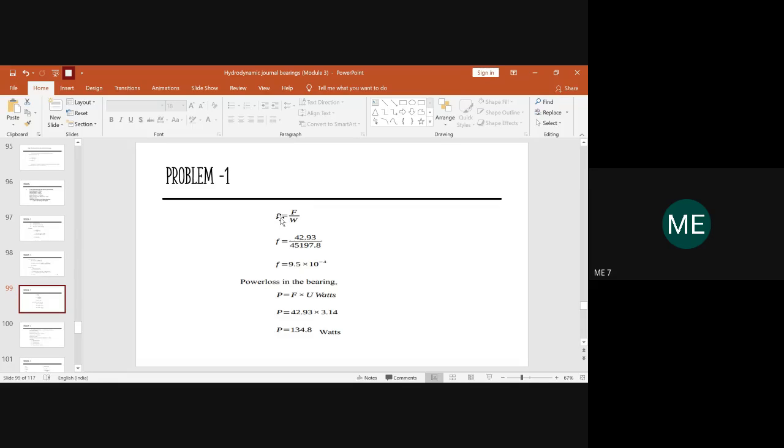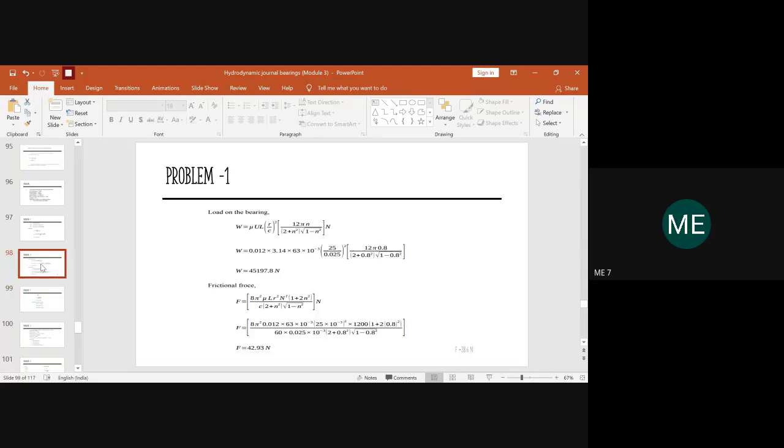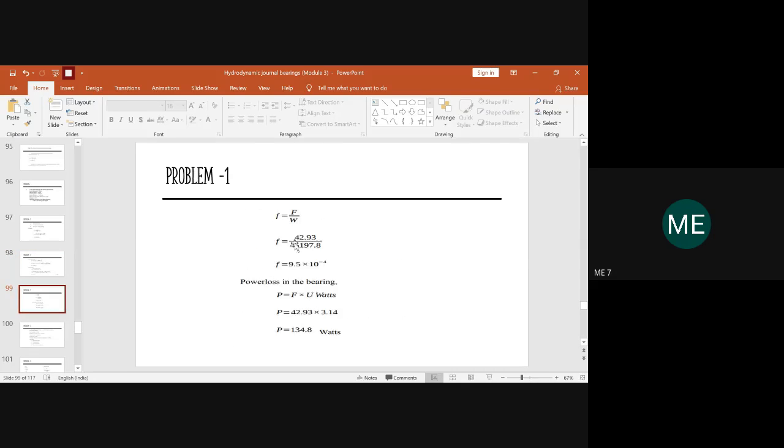In simple terms, it can be calculated as the frictional force divided by the load bearing capacity, the load which has been withstood by that particular bearing. Because we have already calculated the value of the load bearing capacity of that journal, you will take the ratio of the frictional force upon the load bearing capacity of that journal.